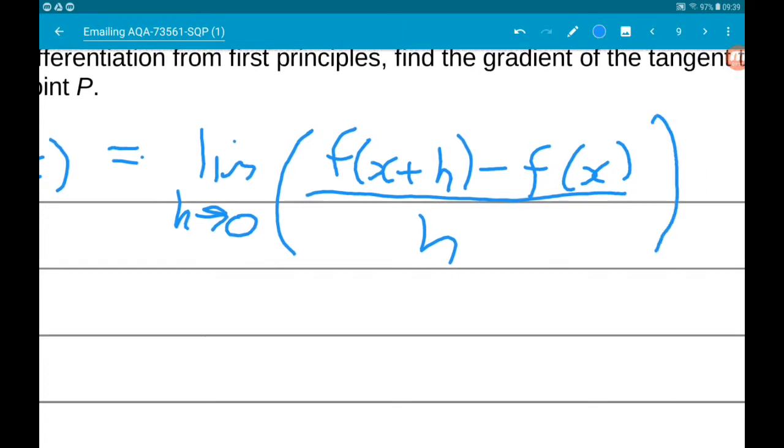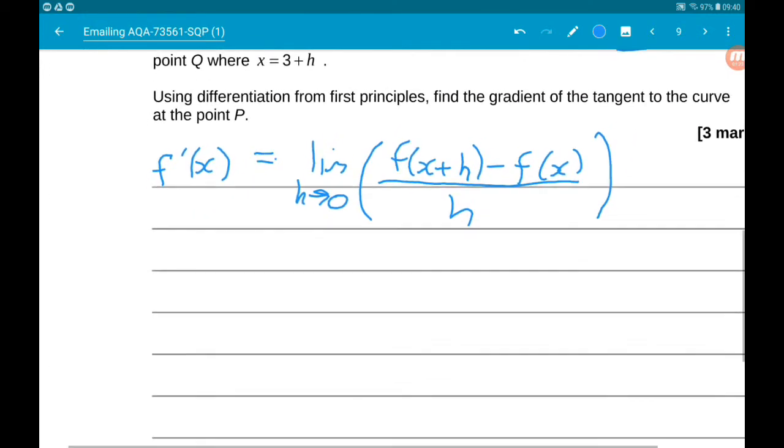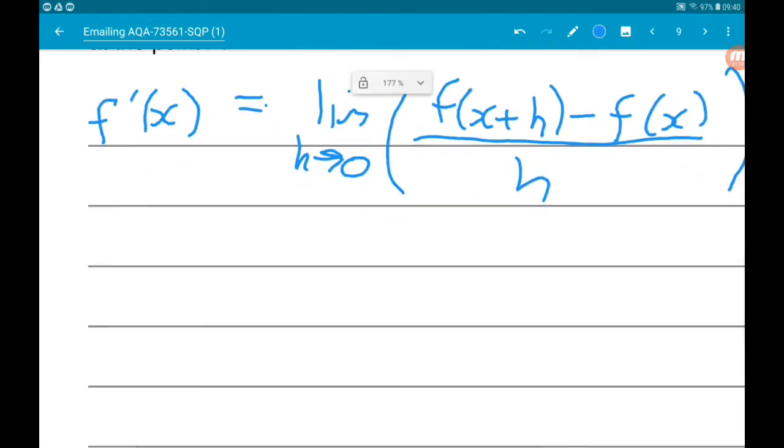So we are trying to find the gradient at the point where x is 3. So what we need is f of 3 plus h, which is lucky because that is what we worked out in part A.